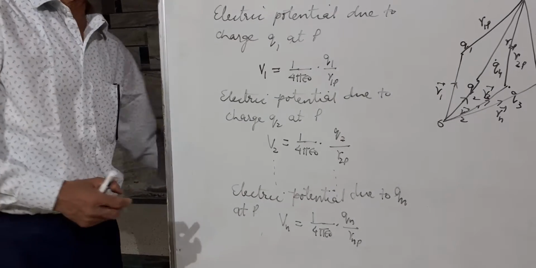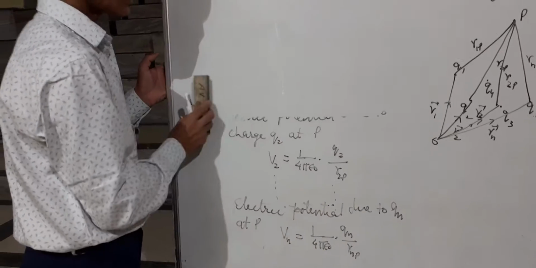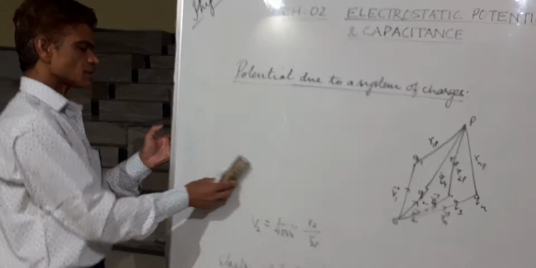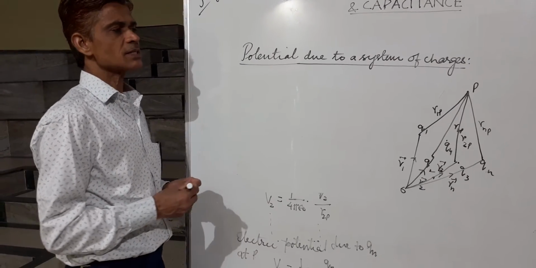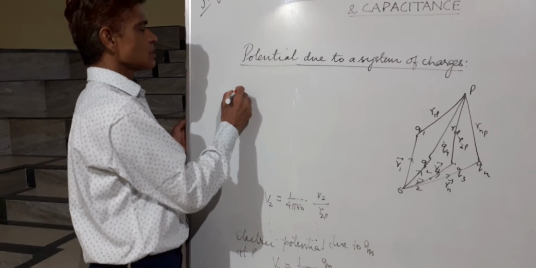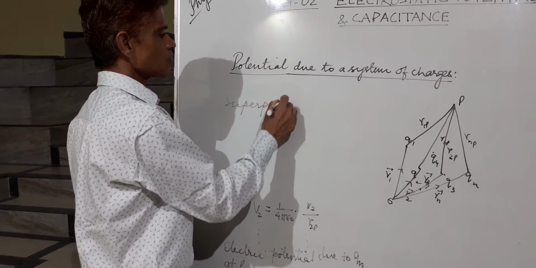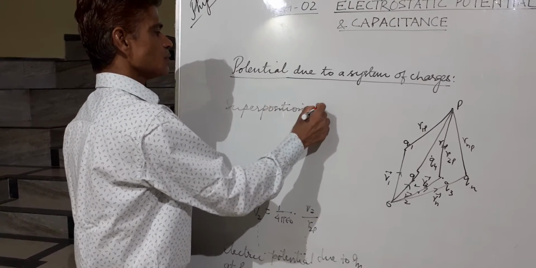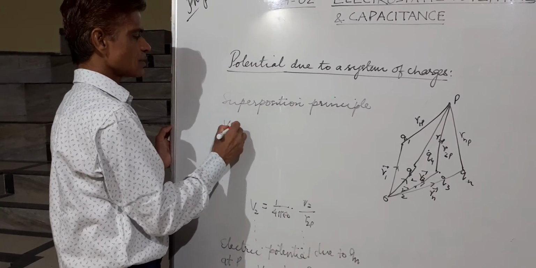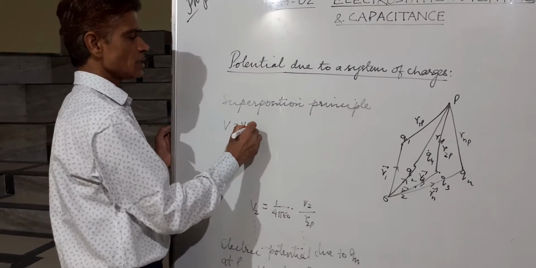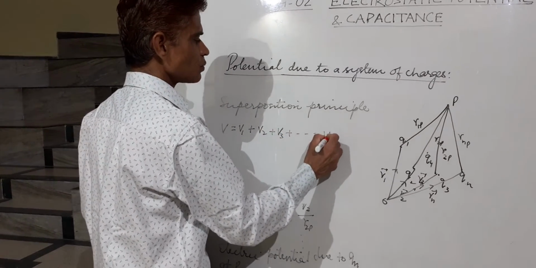Now, according to the superposition principle, the electric potential at a point due to a system of charges is the sum of the potentials due to individual charges. So following the superposition principle, we can write V, the net potential at point P, is equal to V1 plus V2 plus V3 and so on up to Vn.